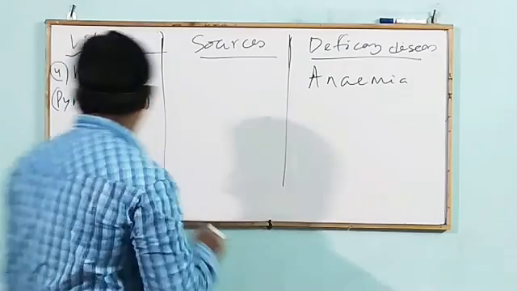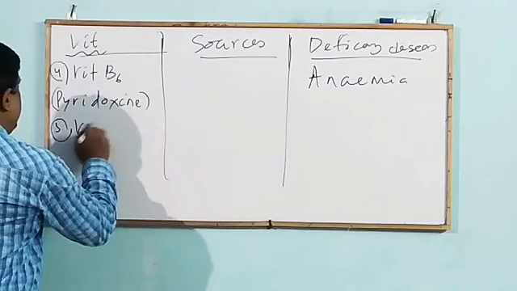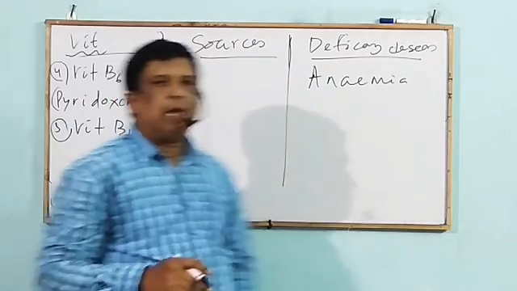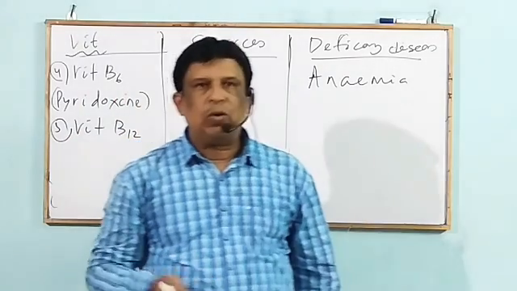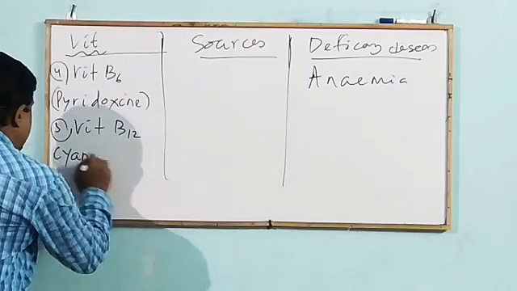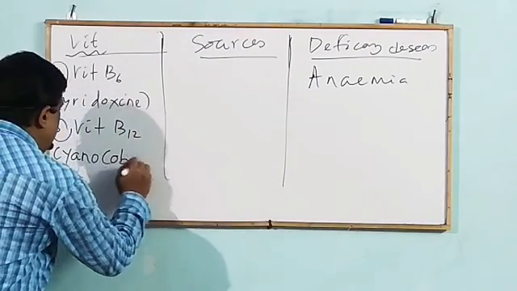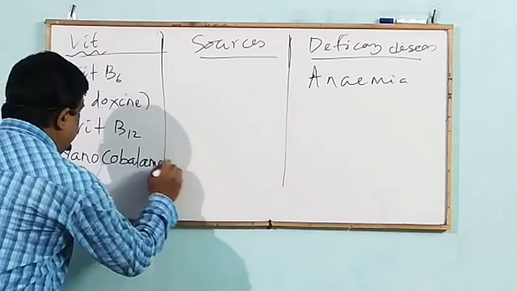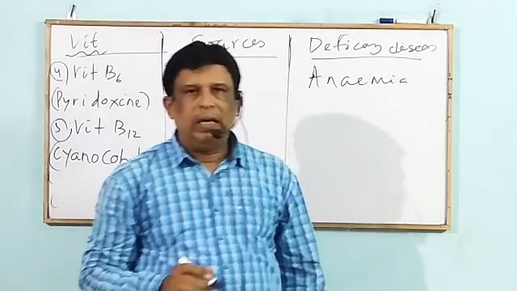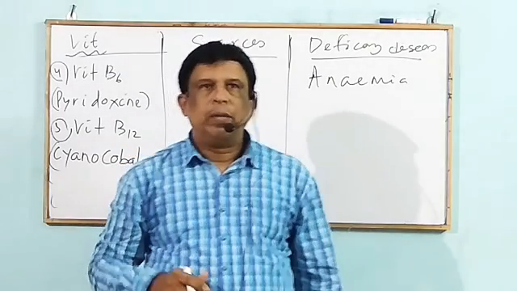Next we discuss vitamin B12. Its chemical name is cyanocobalamin. The sources are milk, egg, fish.